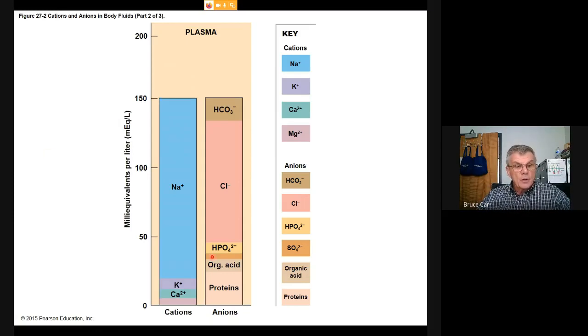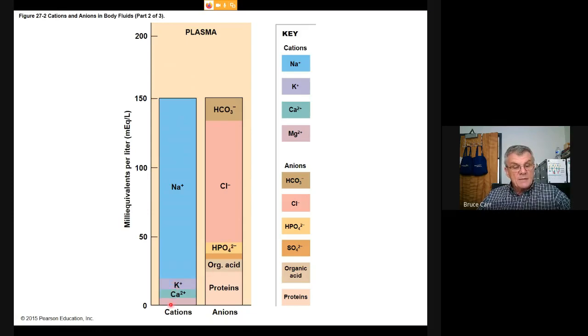Lots of sodium, lots of chloride, the main determiner on the ionic side of osmotic pressure. Here's that bicarbonate being transported out. Relatively low phosphate. Now, phosphate's being transported to cells, but being absorbed by those cells because that's where it is used.